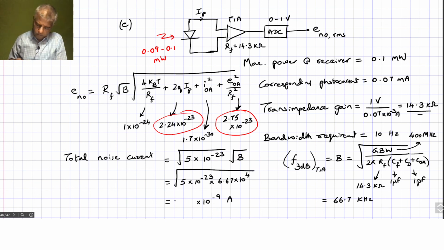So, this should be 1.82. So, that is actually the total noise current, that is the RMS noise current.